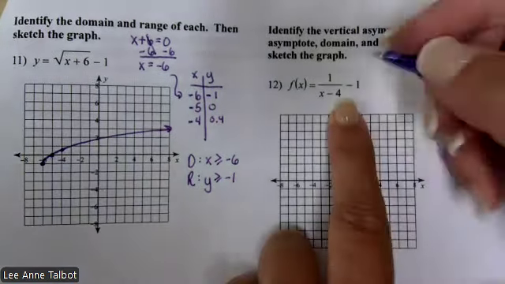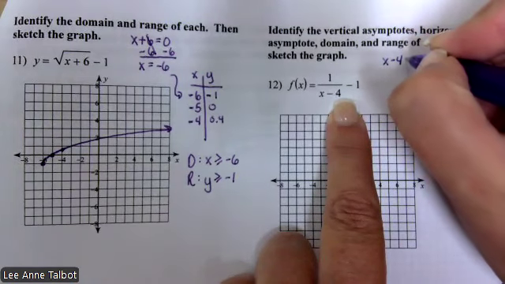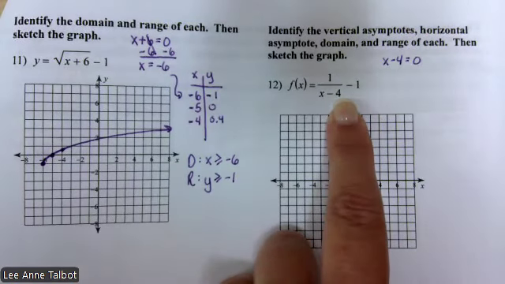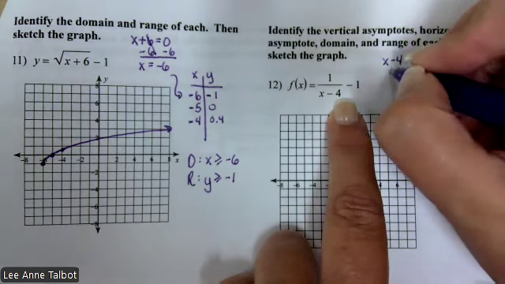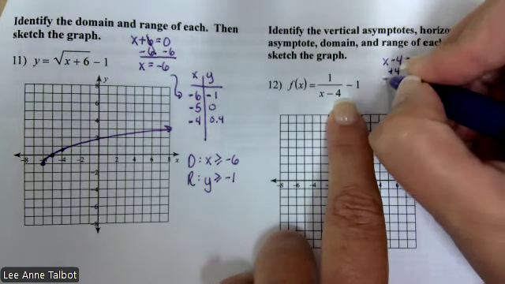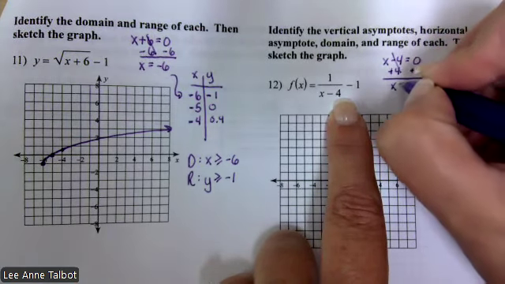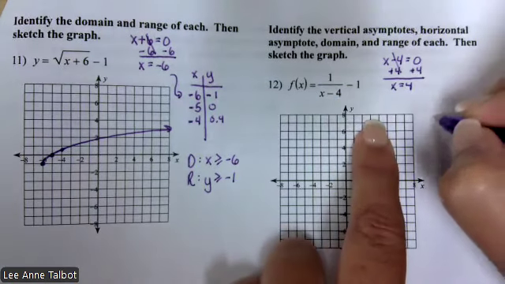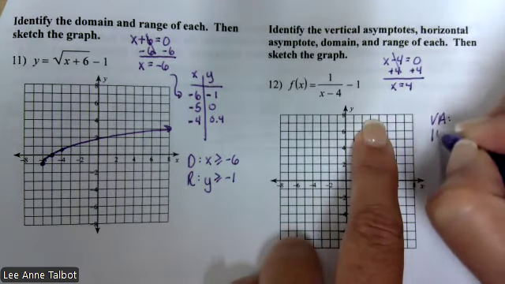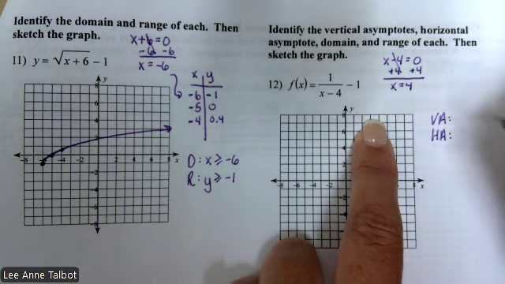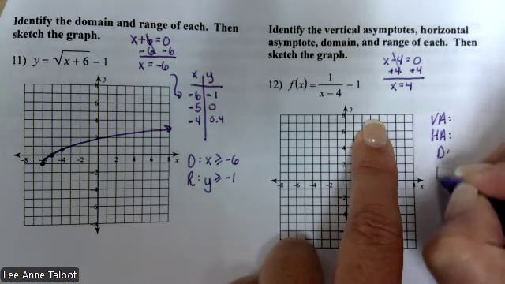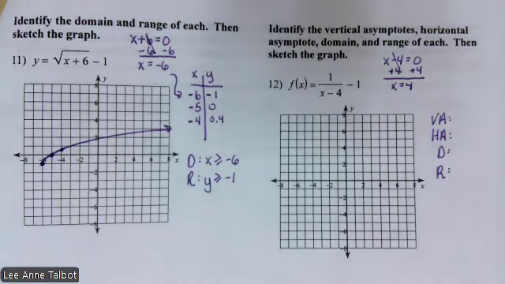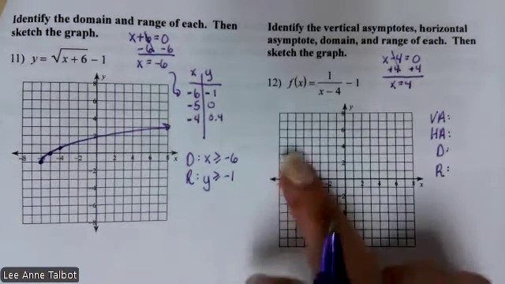Okay. X minus 4 equals 0. Okay, does anybody remember what this is called?